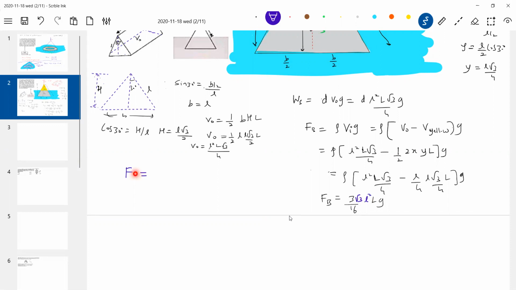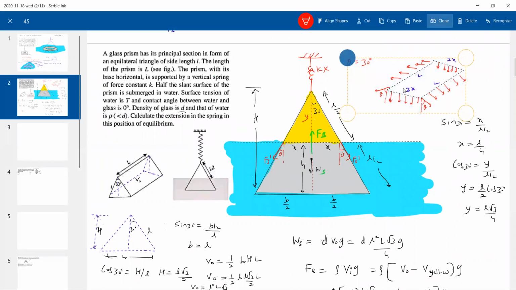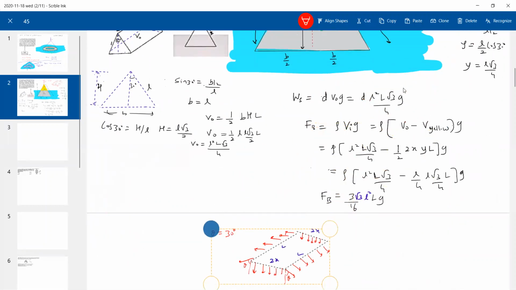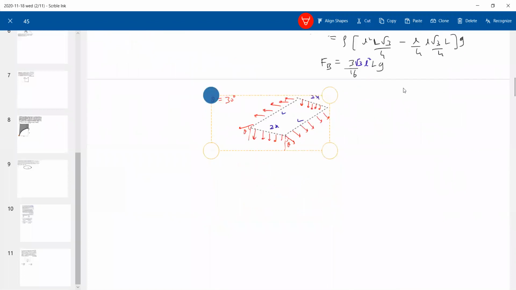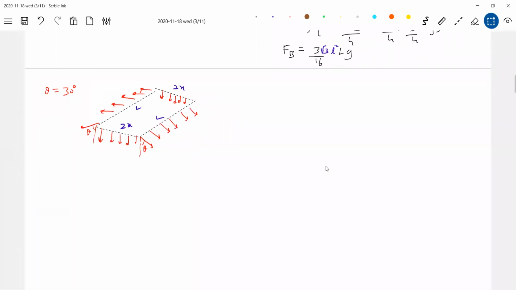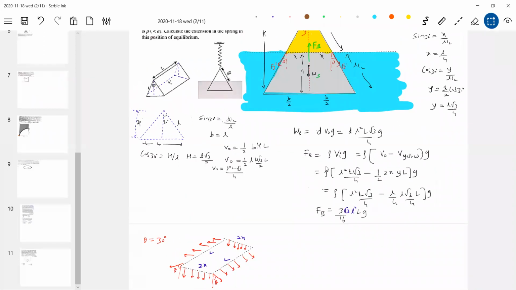Now, force due to surface tension we will calculate. I'll bring the total diagram so that you can make observation. Looking at this diagram, let's write the force due to surface tension.